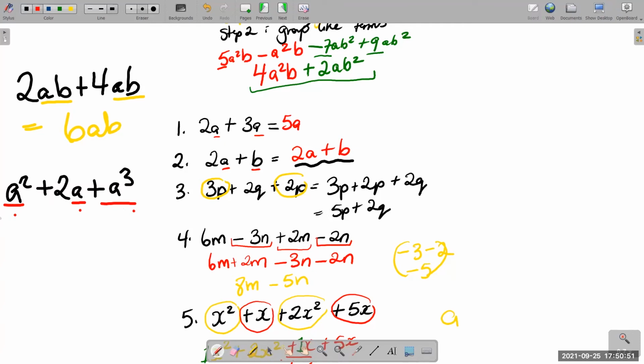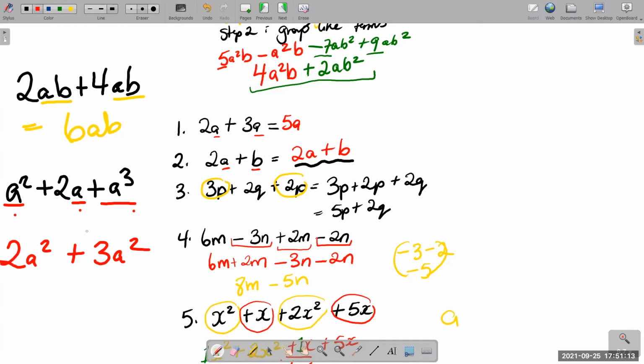And we just did an activity looking at what like terms are. A squared is not the same thing as A, which is not the same thing as A to the third power. So let's try this one. 2A squared plus 3A squared. Question, don't get frustrated. You just got to focus. Can I add these 2 terms? Yes or no?